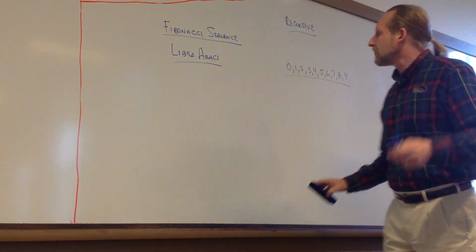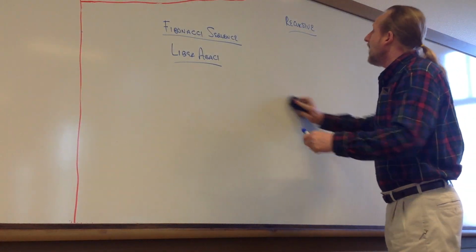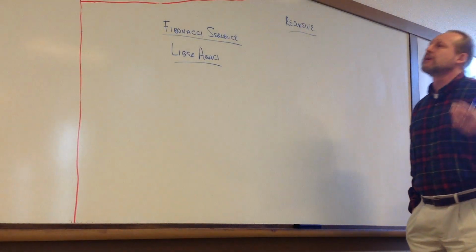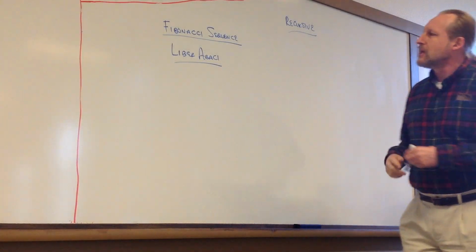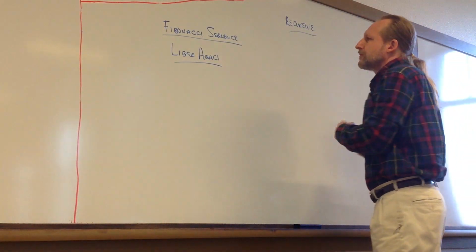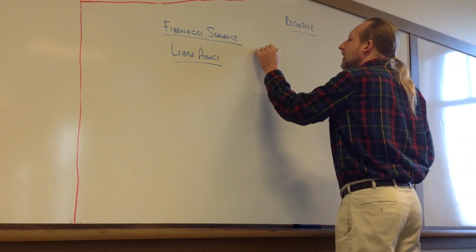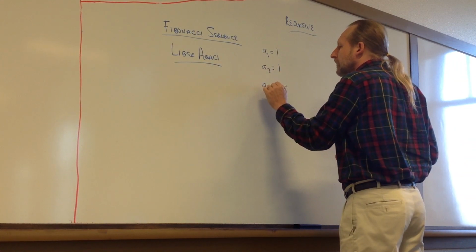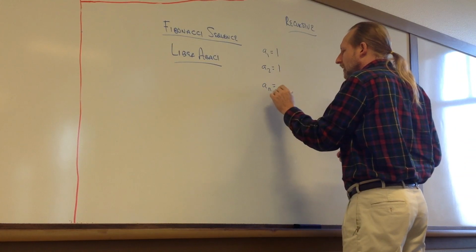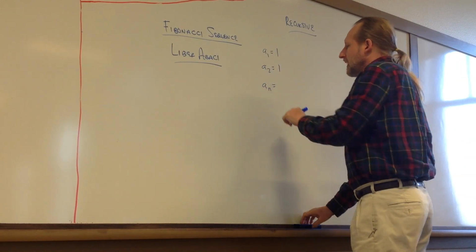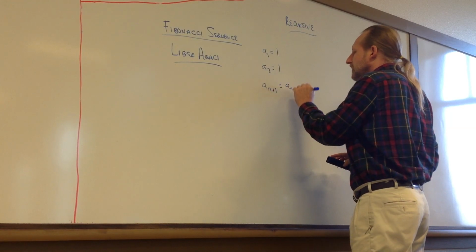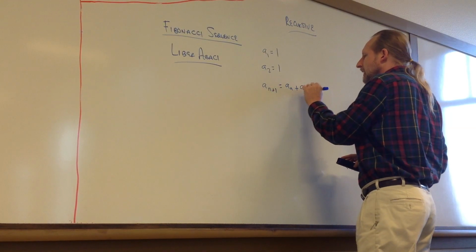He also put a lot of algebra in there, and then he also put this problem about the growth of a population of rabbits, and that leads to what's called the Fibonacci sequence, where A1 is 1, A2 is also 1, and then A sub n plus 1 is going to be A sub n plus A sub n minus 1.